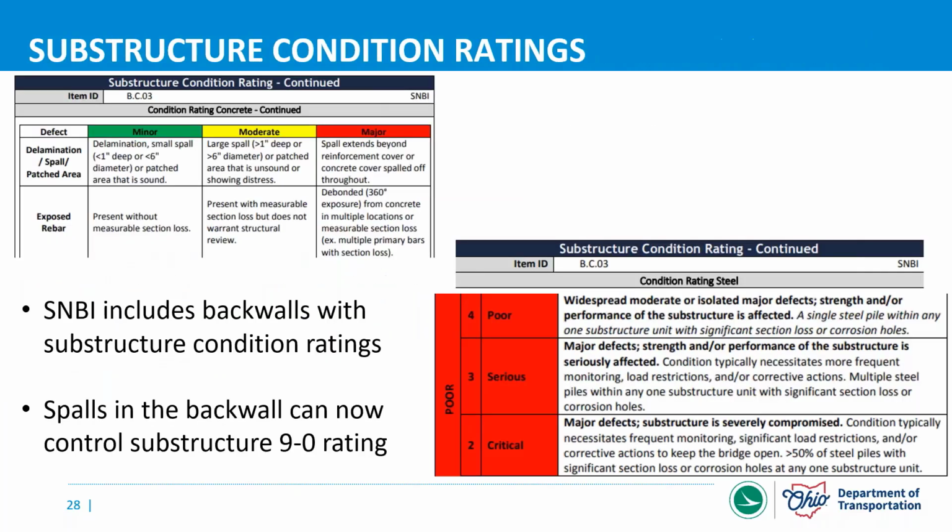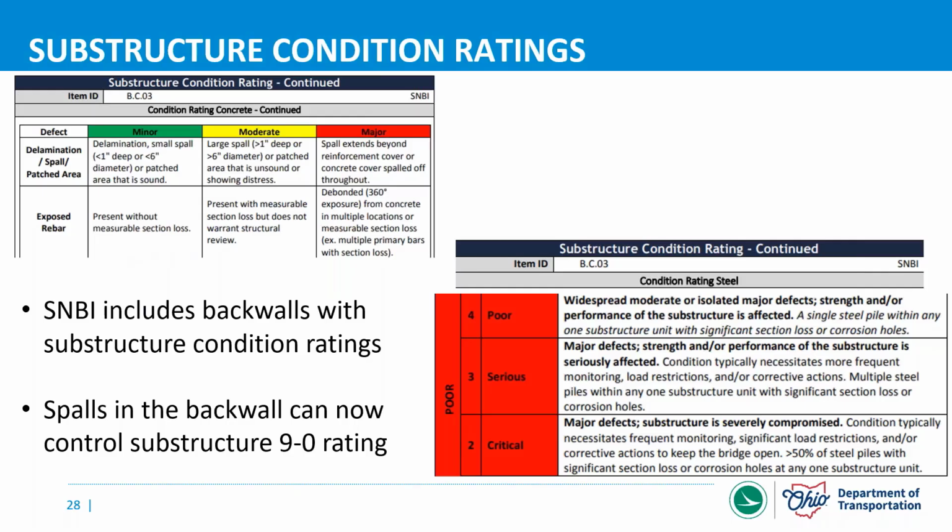Moving on to substructures, big change here is that back wall is now included in the substructure condition ratings. So we never considered back wall in with substructure, but now it is defined as part of the substructure per SNBI.